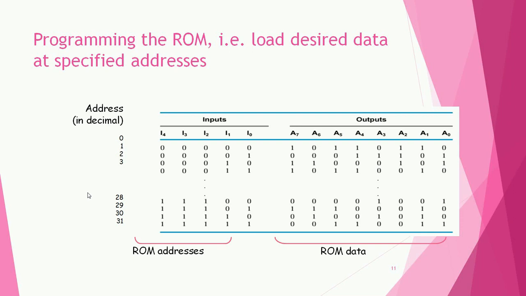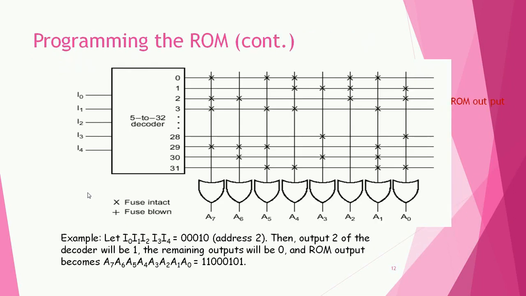Based on the data, if you want to store a 1, there should be a connection. Observe here. Cross marks mean fuse intact, and plus shown over here means fuse blown. Whenever you want to store a 1, there should be a fusible link, or actually the cross mark is nothing but some device, like a diode, a transistor, a FET, field effect transistor, or fusible links.